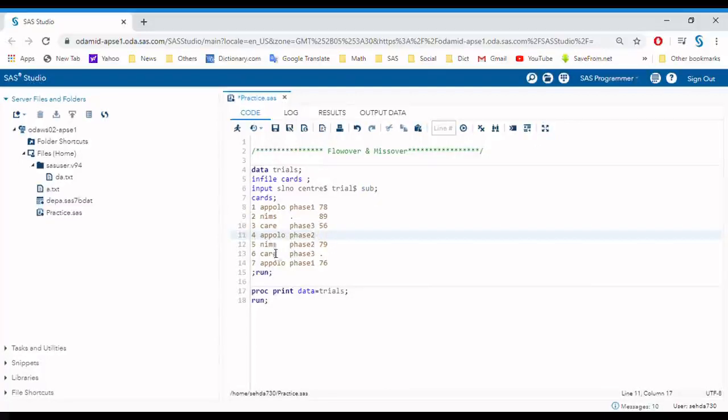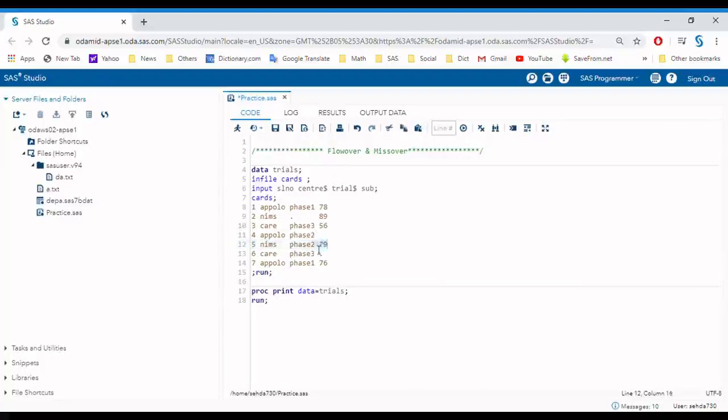So what will it do? It will jump to the next line, and it will read the first thing which comes up. What is coming up over there? The 5. So under sub it will read 5.